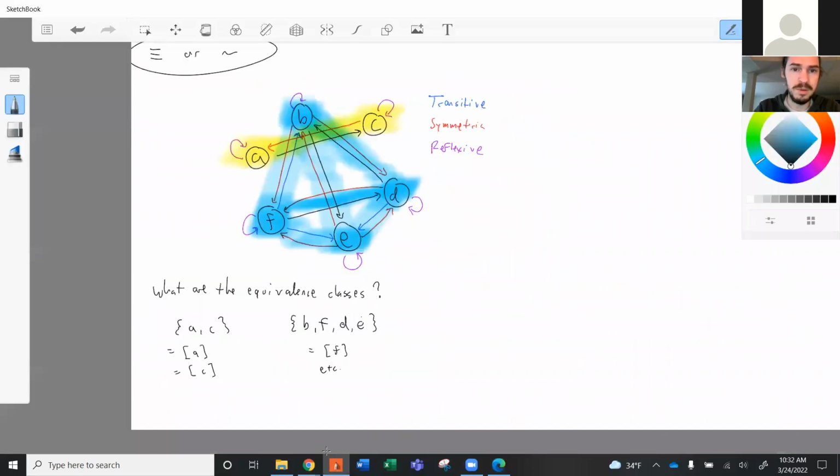Going back to this other example, the equivalence classes are the yellow one and the blue one. Those two subsets of A also form a partition of A, a different partition. So in these two digraph examples, it's the same overall set, but the equivalence relations we defined on them are different, and they produced different partitions through their equivalence classes.